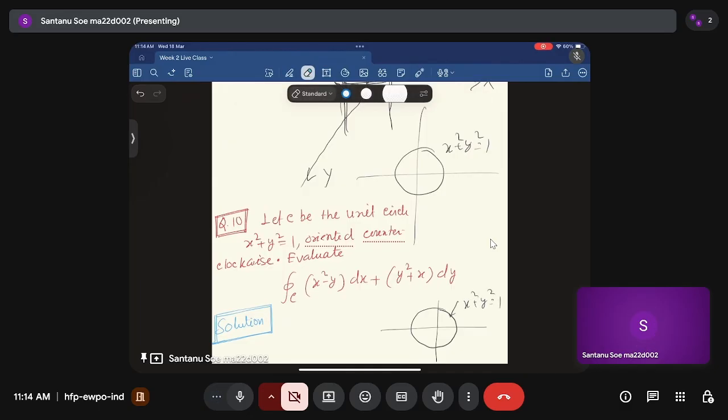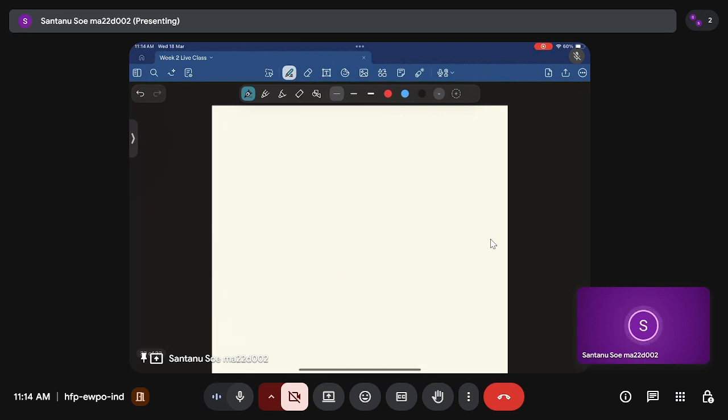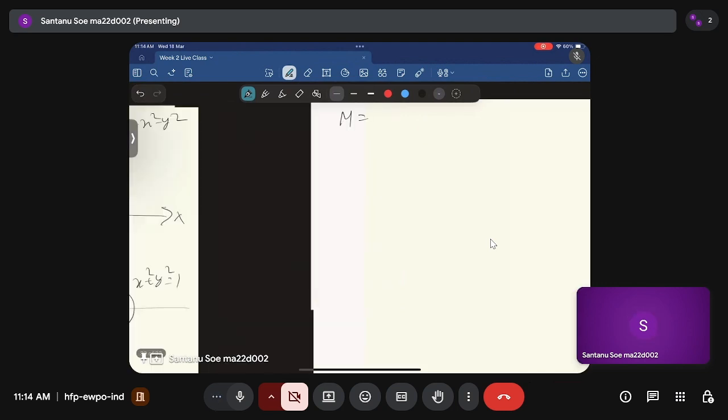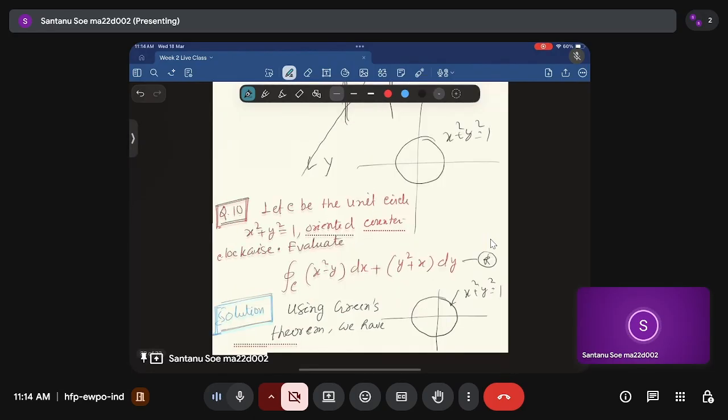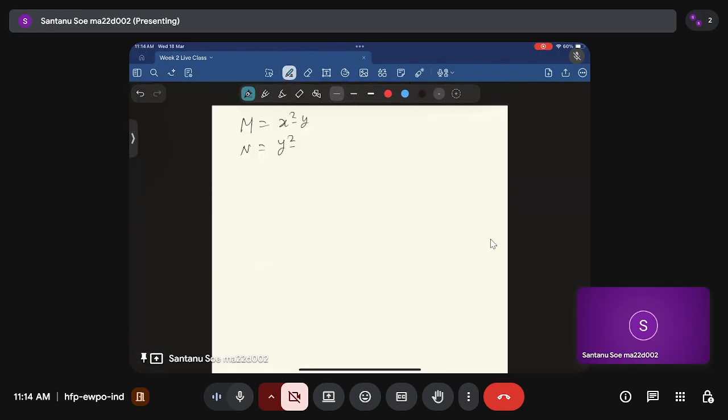Now using Green's theorem, let us call it star. We can see that M is x square minus y, and N is y square plus x.